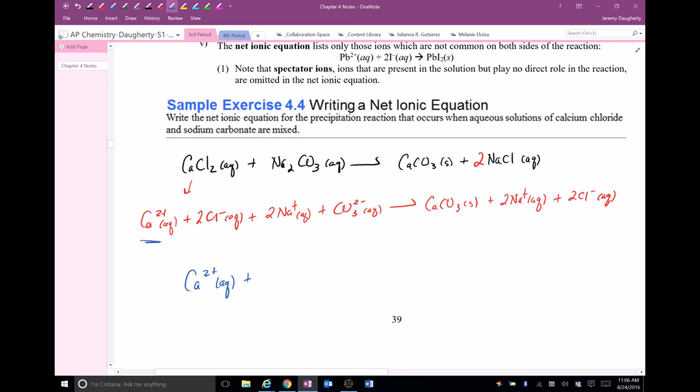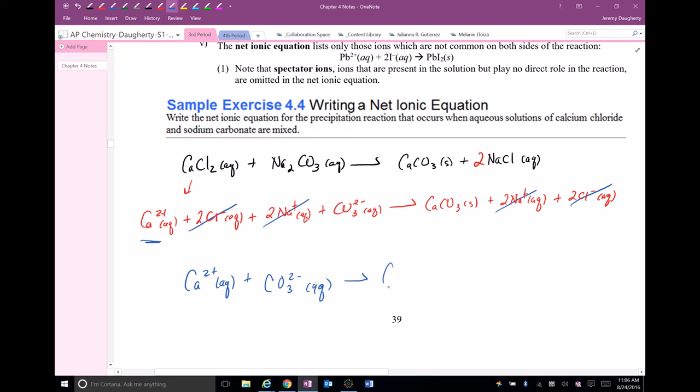I got 2 chlorides as reactants, 2 chlorides as products, so I cross those out. I've got 2 sodium ions as a reactant, 2 sodium ions as a product. I cross that out. And then my carbonate does not appear on both sides, so I keep that.